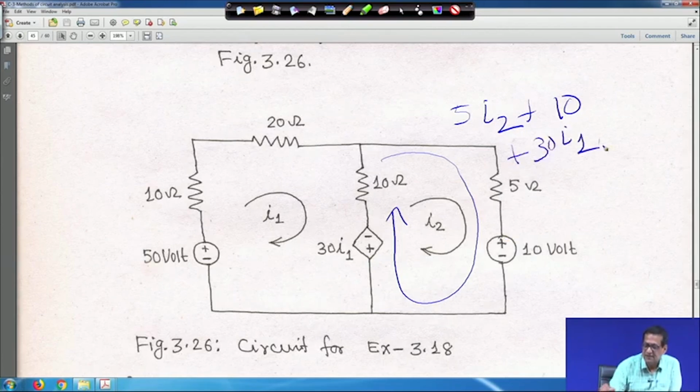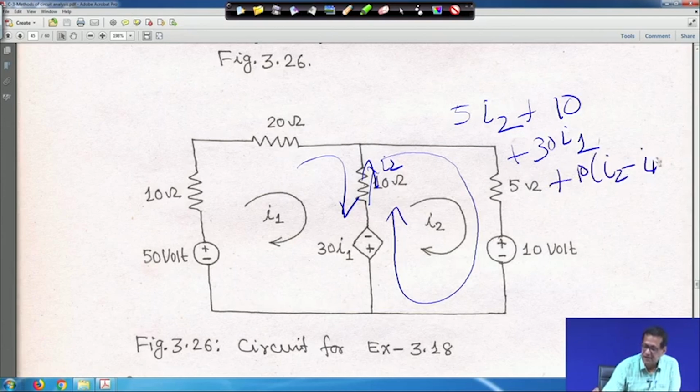Moving in this direction, this is I2 and here I1 is there, so in the upward direction it is I2 minus I1, so plus 10 (I2 minus I1) is equal to 0. Hope I am not missing anything. So you get two equations, and from them you have to solve for I1 and I2.